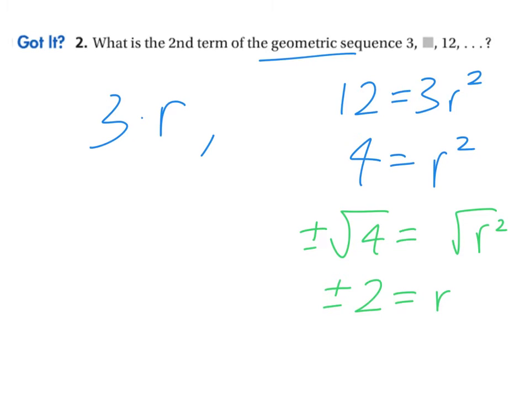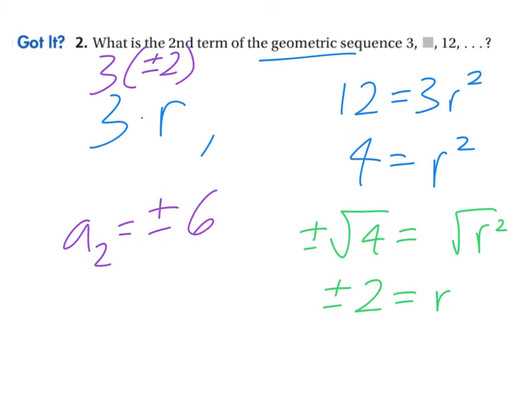So really, the second term there, a sub 2, could either be a positive or negative 6. And I'm getting the 6 by just doing the 3 times the positive or negative 2. So that's where it's either a positive or negative 6. We don't know for sure with that missing term in that geometric sequence.